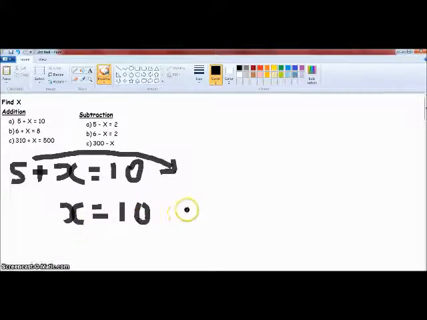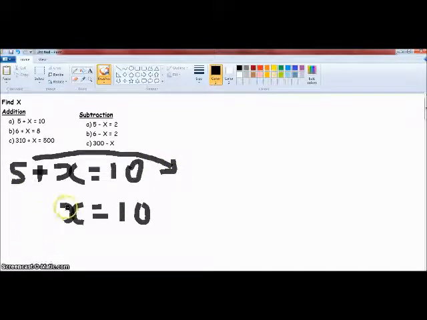So this side we are going to have 5, but we won't write 5 the way it is here. Whenever a number crosses over to the other side, its sign changes. From positive it will become minus because it has moved over the other side.